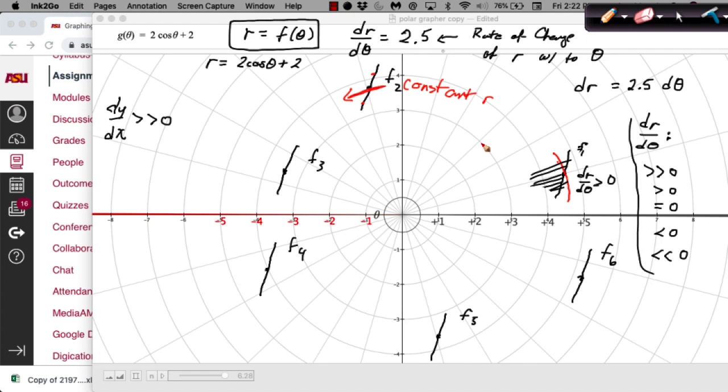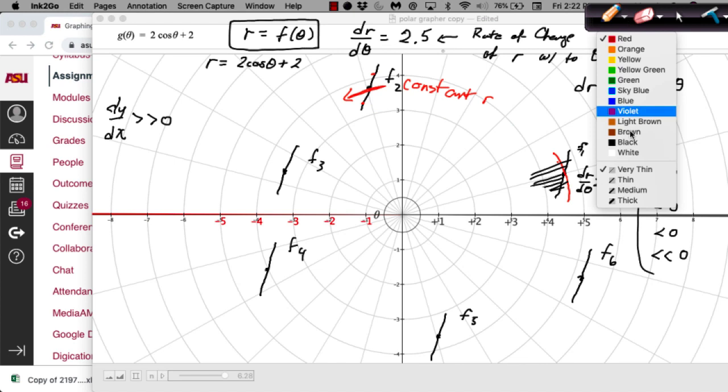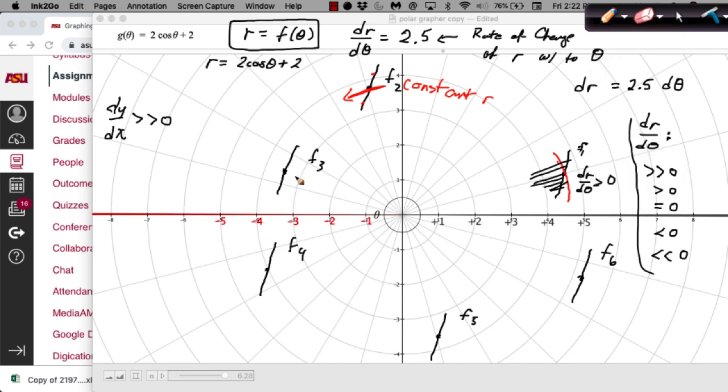All right, how about F3? Pretty close to 0. It's like keeping a constant r as you turn counterclockwise along this graph. So about 0, the rate of change. Okay, what about F4?